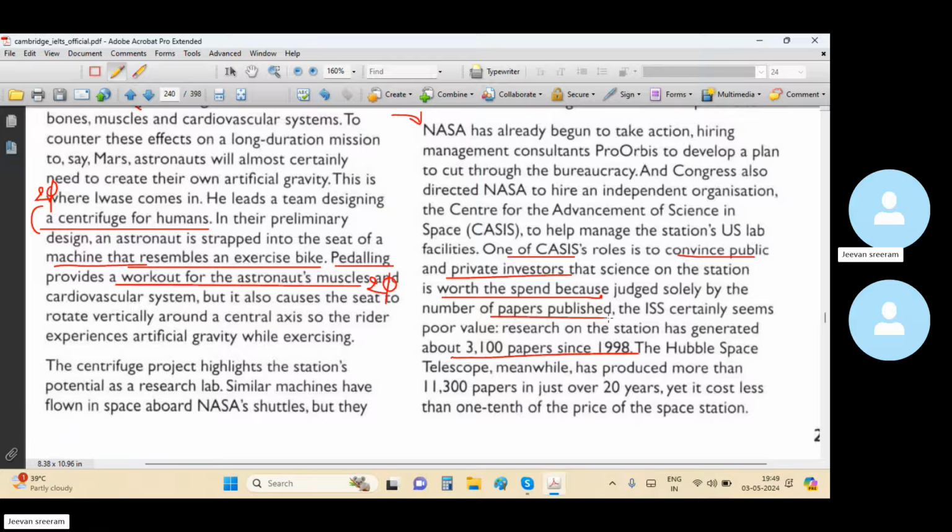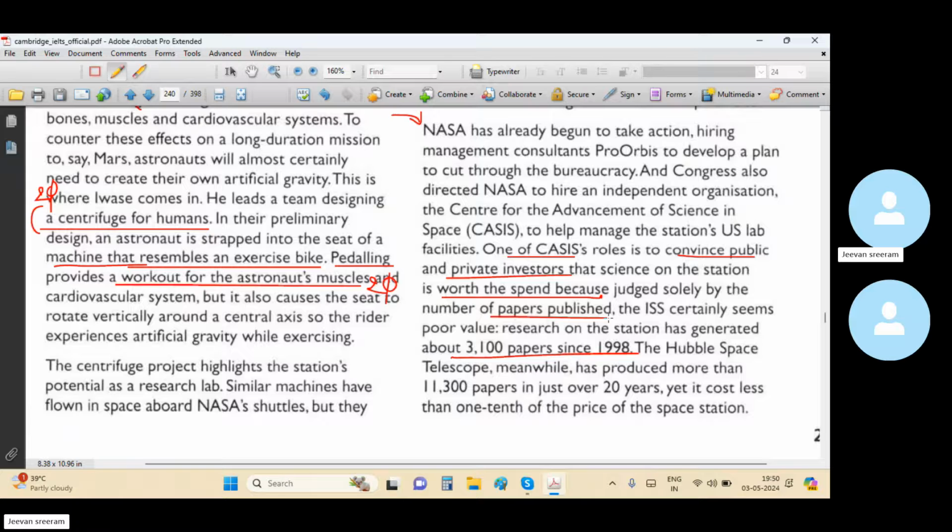So if the investors look at the number of papers published before they invest, obviously ISS has very less number of papers when compared to Hubble Space Telescope. Since 1998, ISS has 3100 papers only, which talk about ISS research. But Hubble Space Telescope, within 20 years, has 11,300 papers.